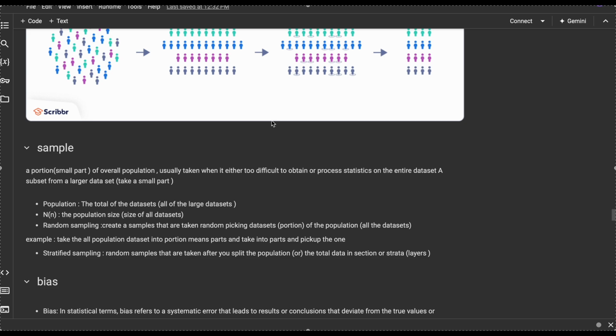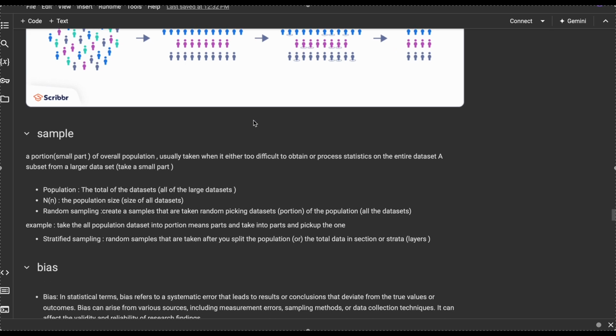N symbolizes the total population size. For example, we might take 10%, 20% or 30% of the population size, like 20, 30, 40, 50, 70% or 90% of the data.